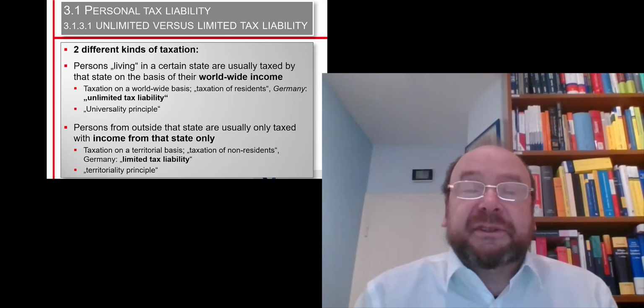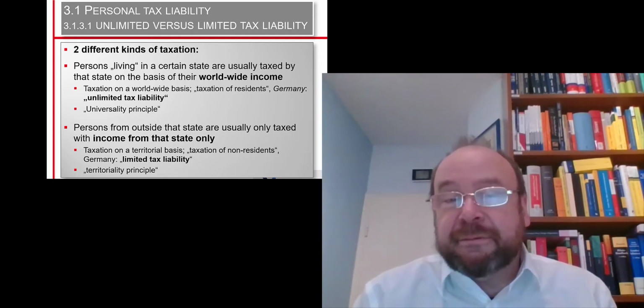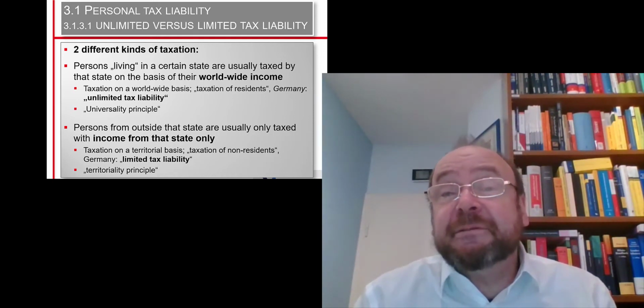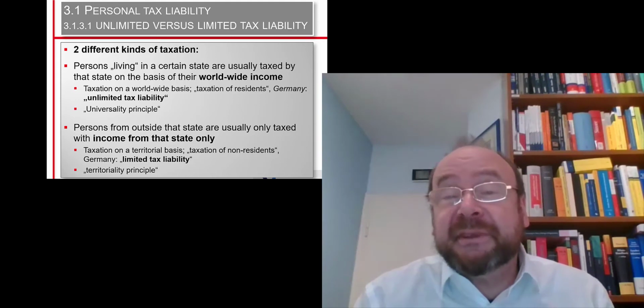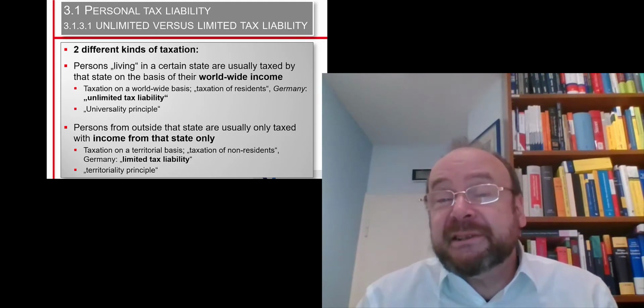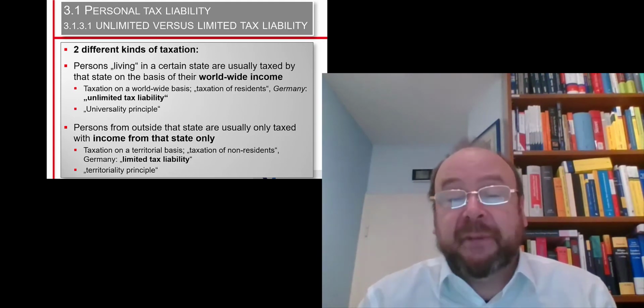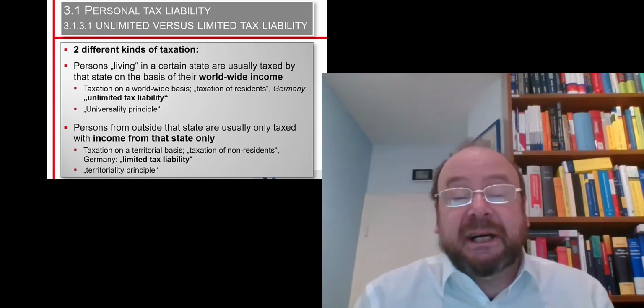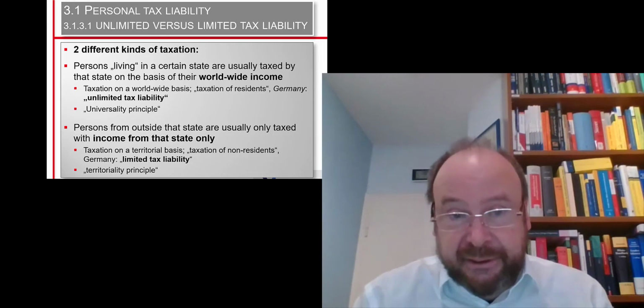One would also speak of comprehensive worldwide income taxation, or comprehensive taxation of the income. In Germany, one would talk of unlimited tax liability.